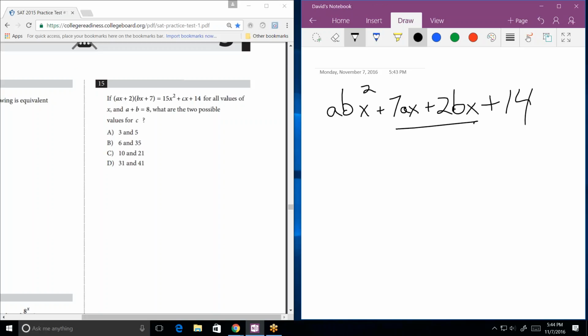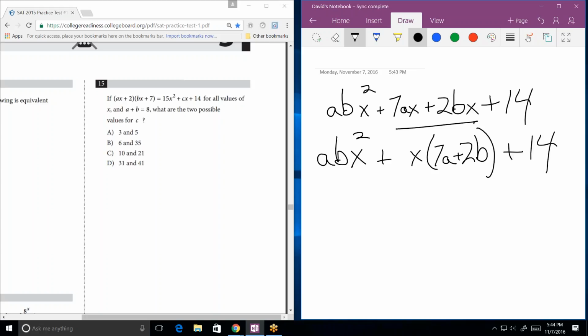It might not be obvious that I can, but I can. I'm going to rewrite this as abx squared plus, I'm going to factor out an x between those two terms, and I'm left with 7a plus 2b, plus 14. Okay, now we're getting somewhere.